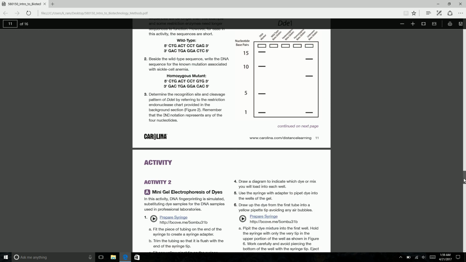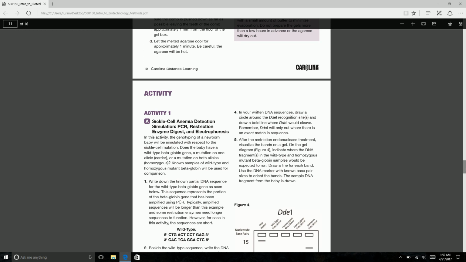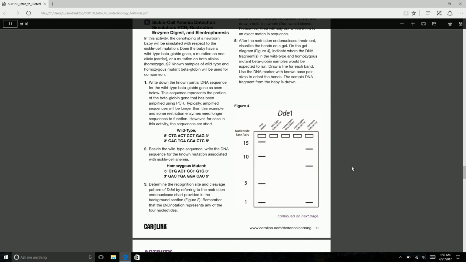So basically these sequences are given to you, and they are asking you to use this restriction enzyme, and you know how they cut. So on a piece of paper you can try how this restriction enzyme is going to cut this DNA, and then on the basis of that you can fill in the information.